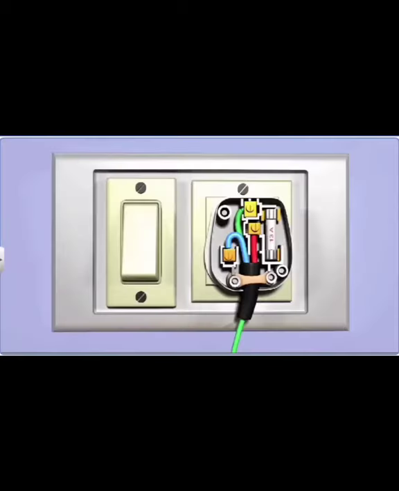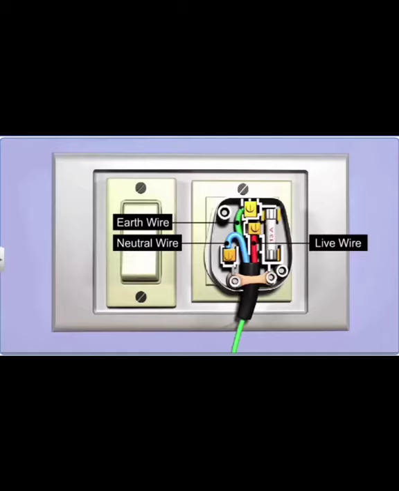In any household electric circuit, in the mains supply, we see 3 wires, namely live, neutral and earth. Live and neutral wires carry the electric current, whereas the earth wire is used as a safety mechanism.